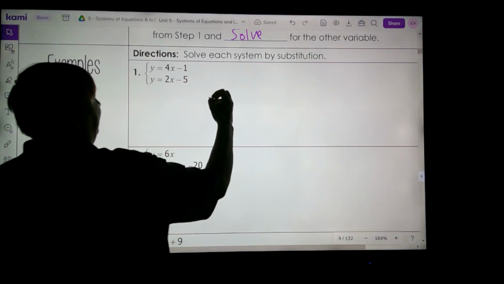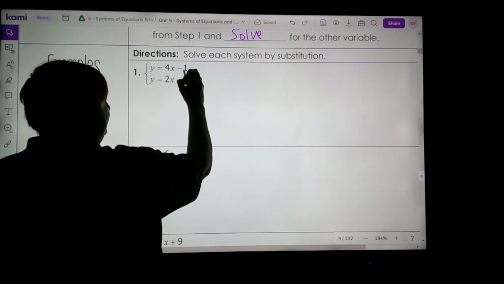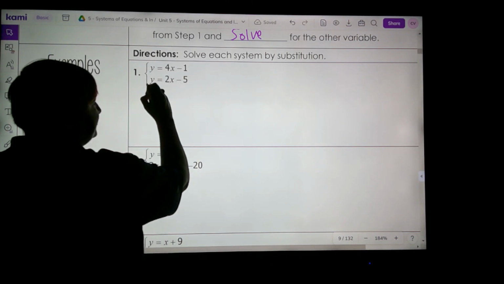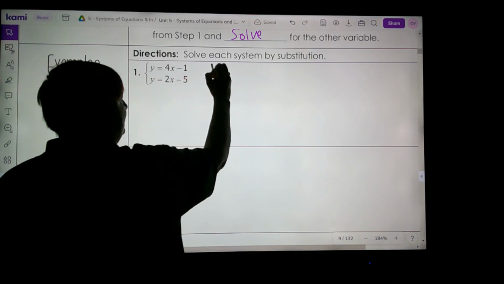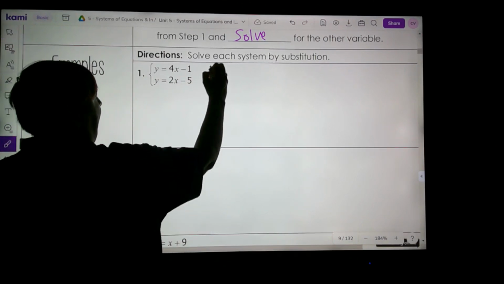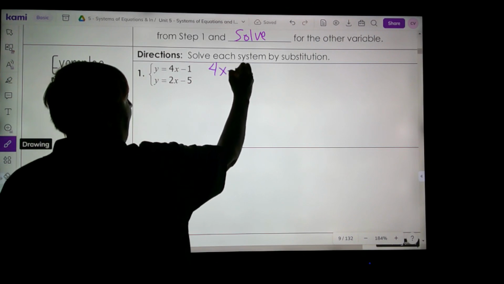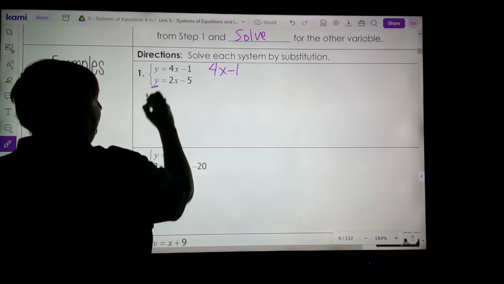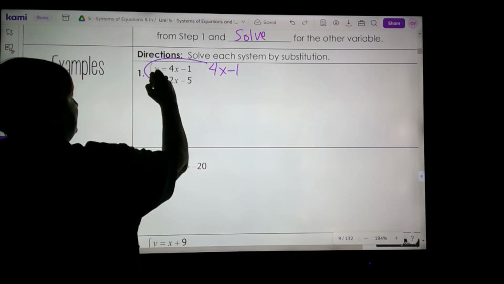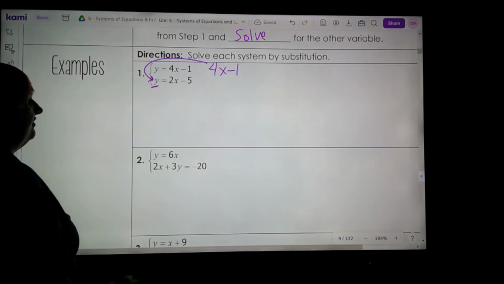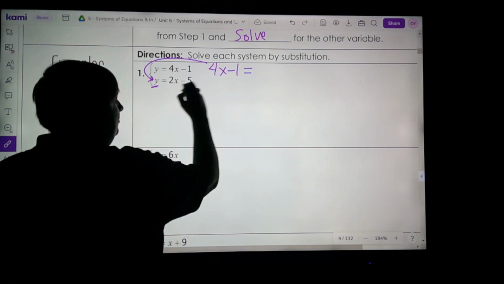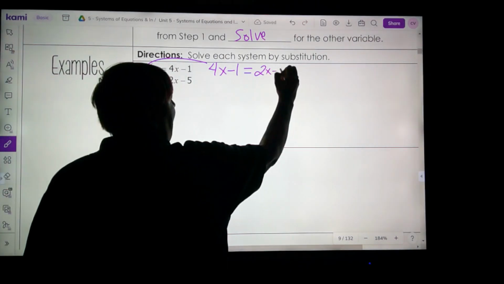So instead of y, we're going to put 4x minus 1, right? We replaced it, we substituted, is equal to 2x minus 5.